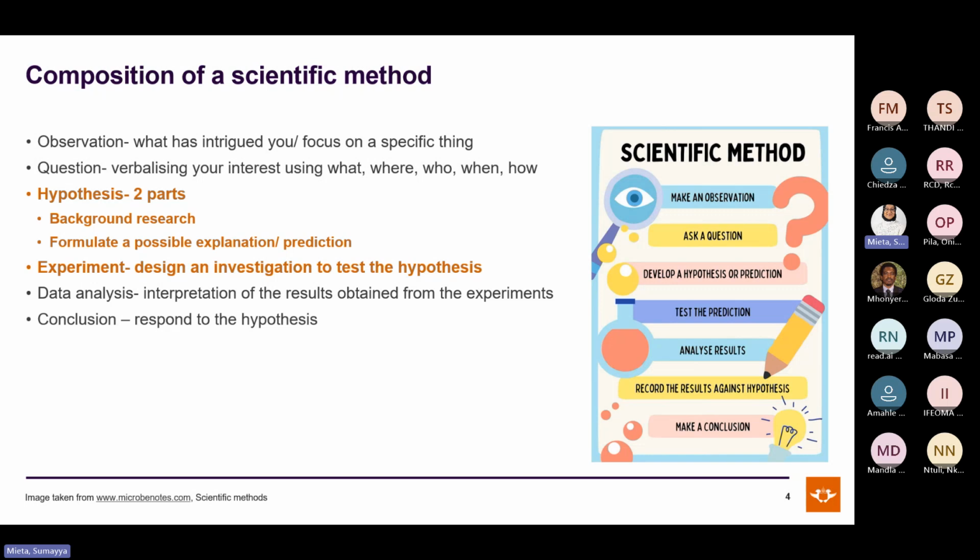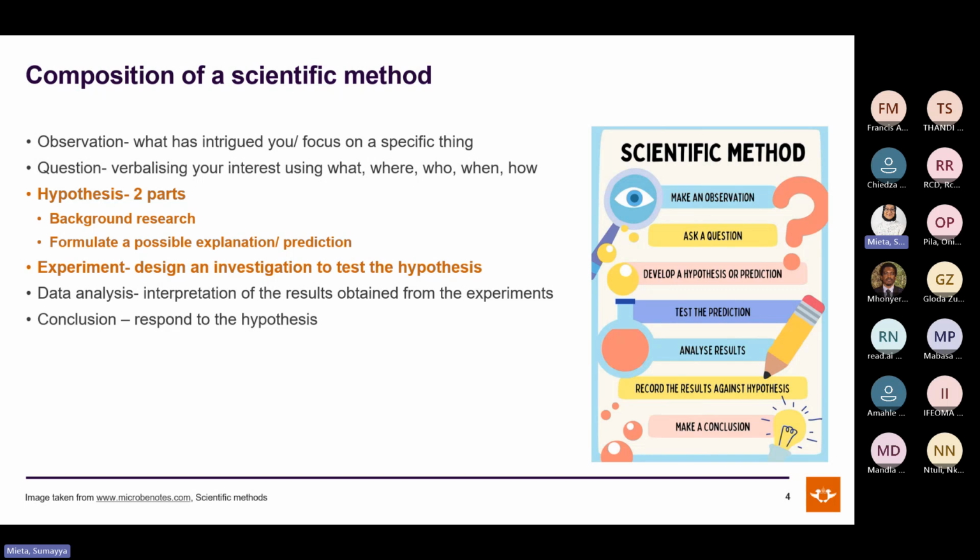This is then followed by the data analysis, where we interpret the results obtained from the experiments, and a conclusion where you would then respond to the hypothesis and say, no, due to these reasons, the hypothesis was incorrect, or the hypothesis was correct. Yes, we've obtained this.